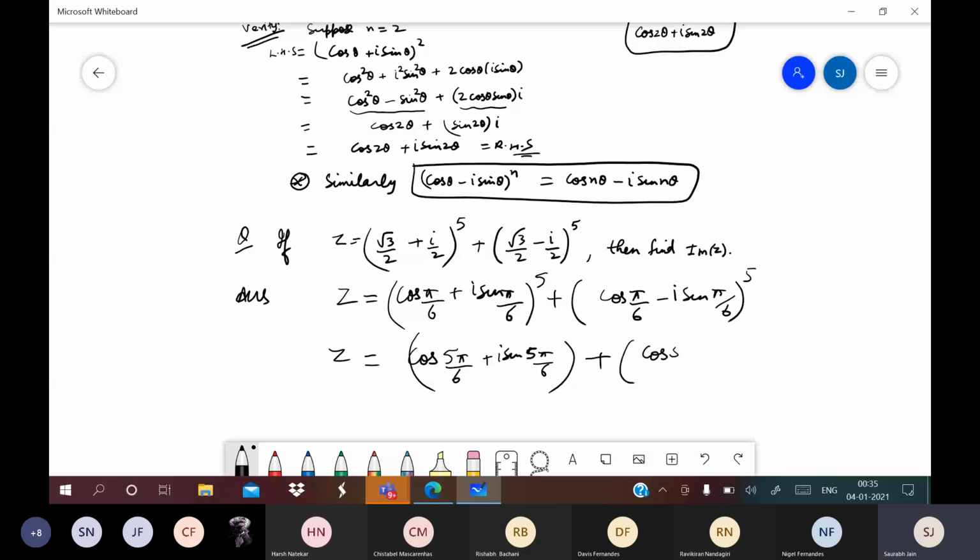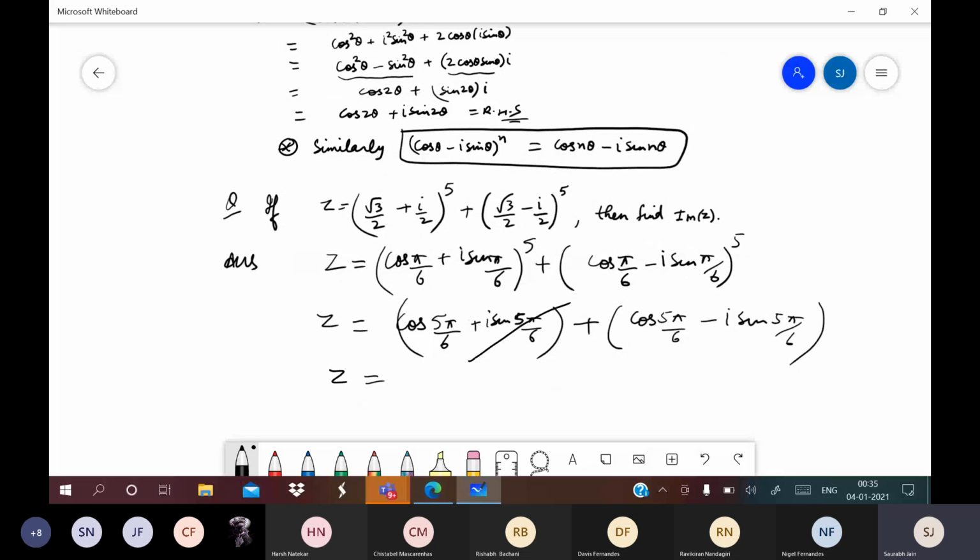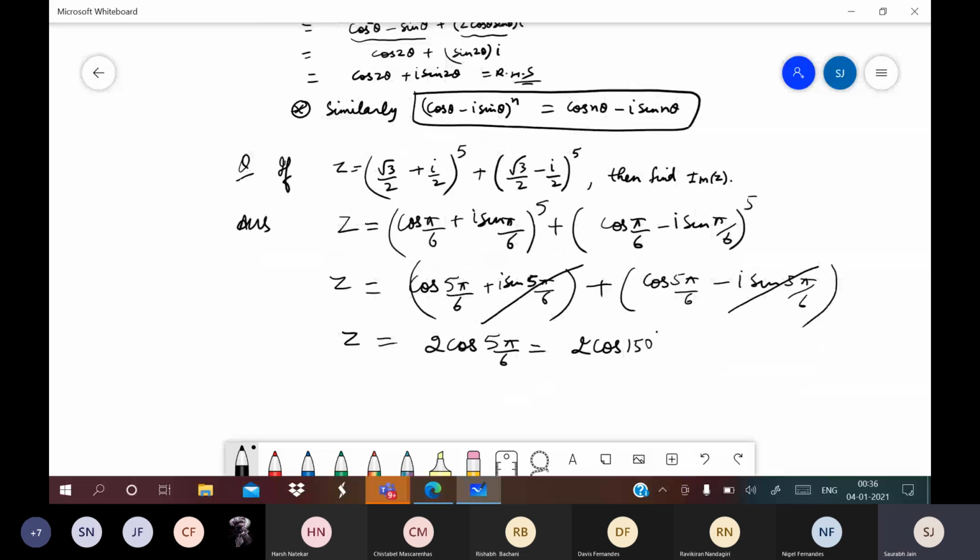Similarly, cos 5 pi by 6 minus iota sin 5 pi by 6. What happens? The question becomes very simple. Why? Because after using de Moivre's theorem, we see that the imaginary part gets cancelled and ultimately we have a real number. What is z? z is 2 cos 150 degrees. Now cos 150 is some real value.